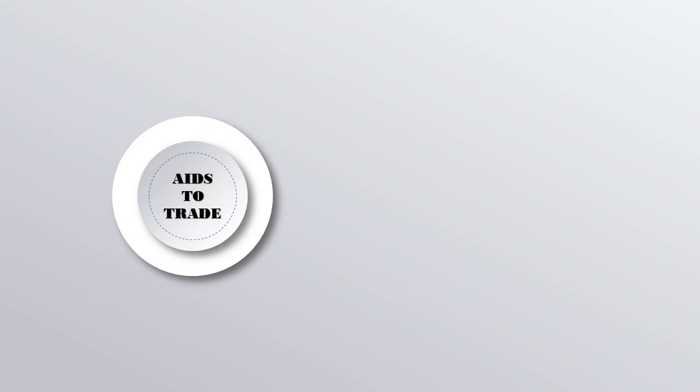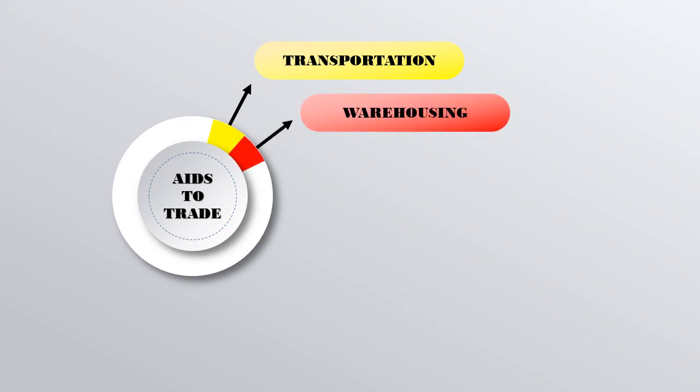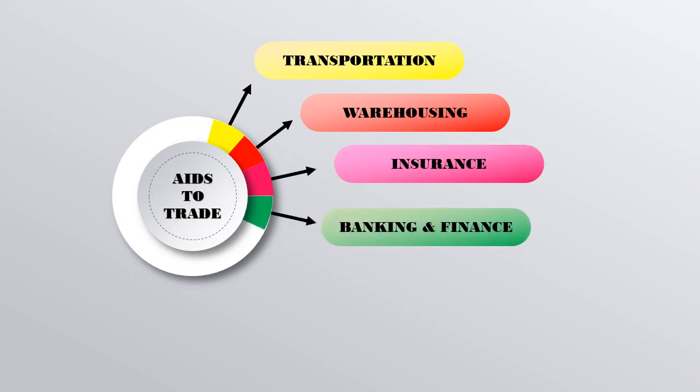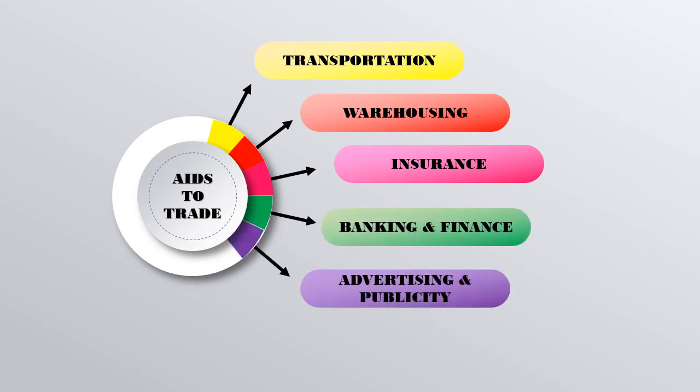Now we have learned the aids to trade. The first one, transportation. Second, warehousing. Third, insurance. Fourth, banking and finance. Fifth, advertising and publicity.